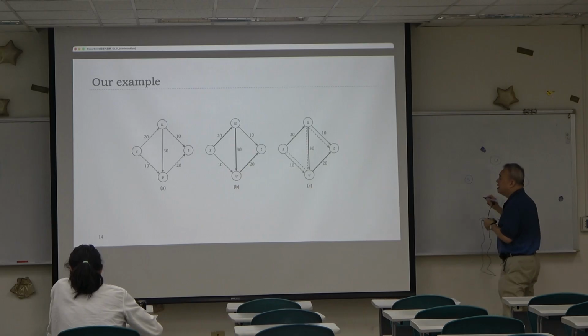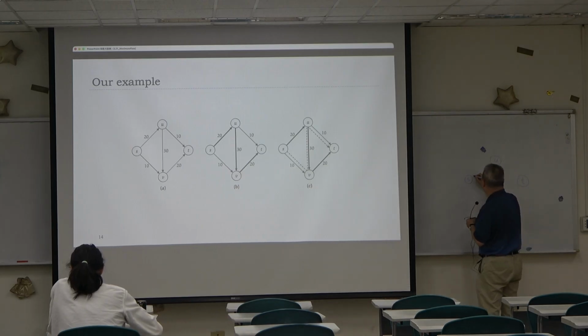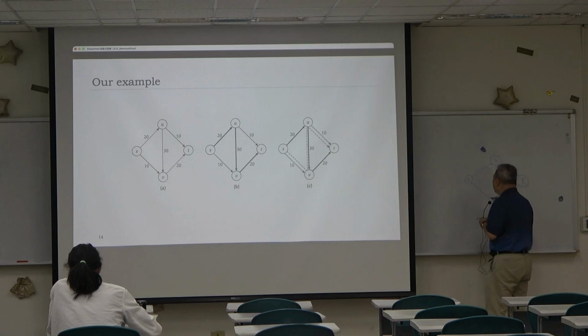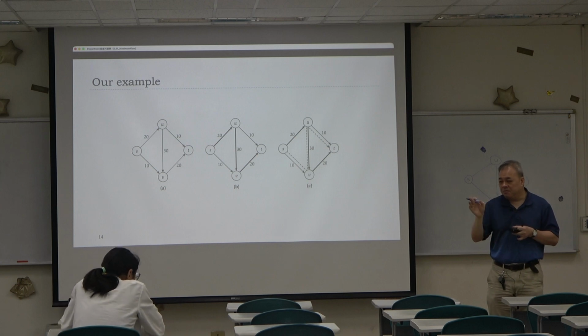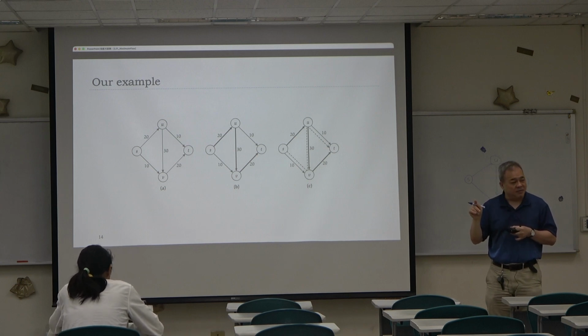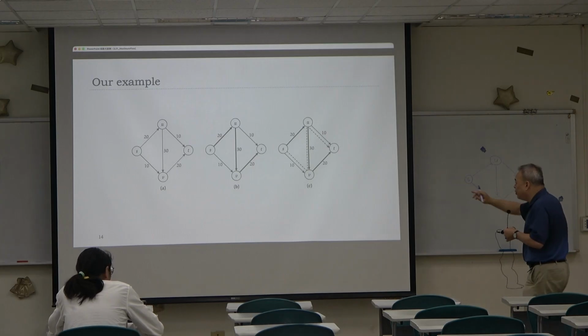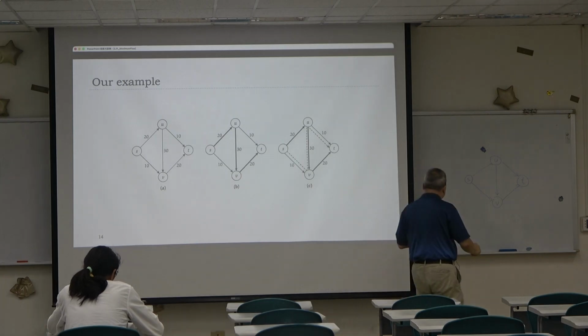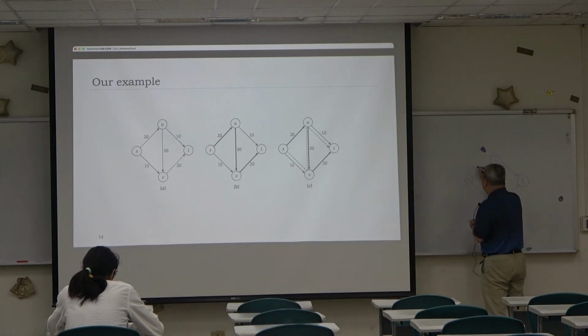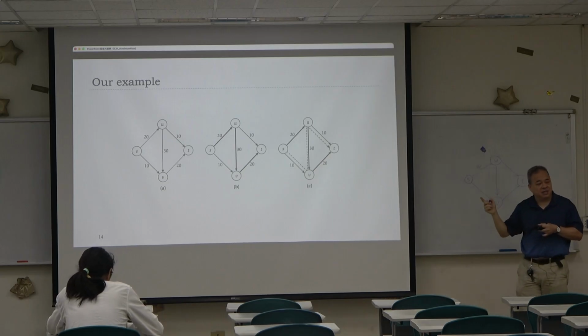Right? Let's consider the flow assignment and the back flow. So we will assign 20, right? After assigning 20, the remaining capacity is 0.